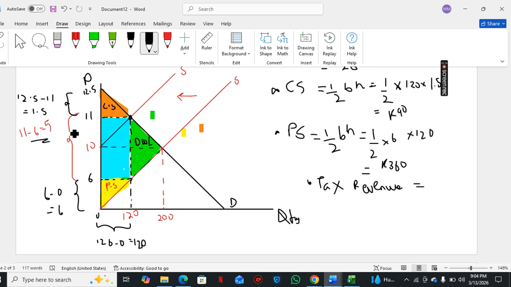Okay. Then the breadth is 0 to 120, that is 120. So you're going to say 5 times 120 kwacha. That's 600 kwacha. So this is the tax revenue the government has got.